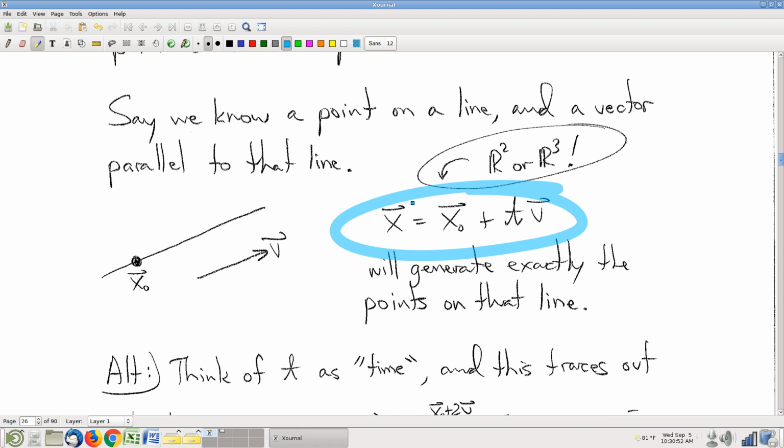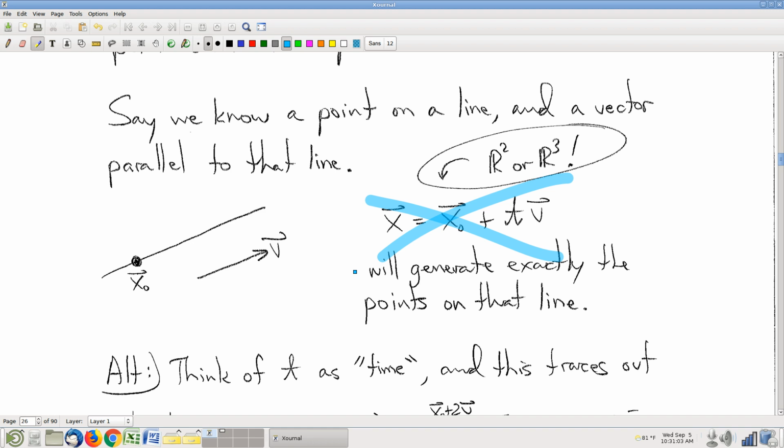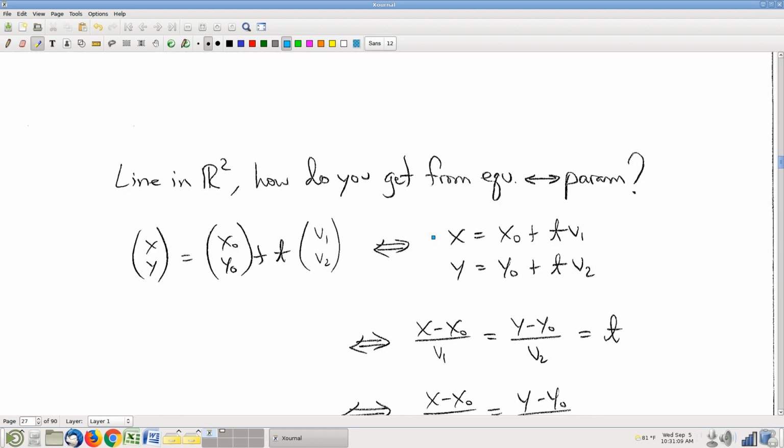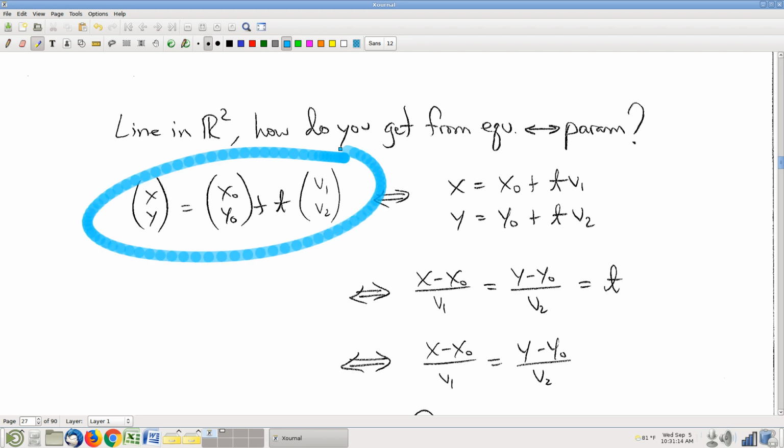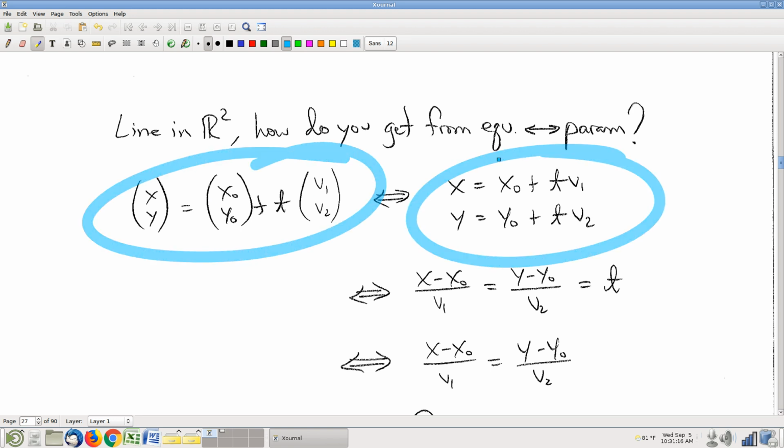So anyway, suppose you do want to test points. This doesn't do it. That's not a point tester. That's a point generator. So how would I test? Well, there's a simple argument to get you there. Notice the parameterization. I can rewrite one equation at a time.